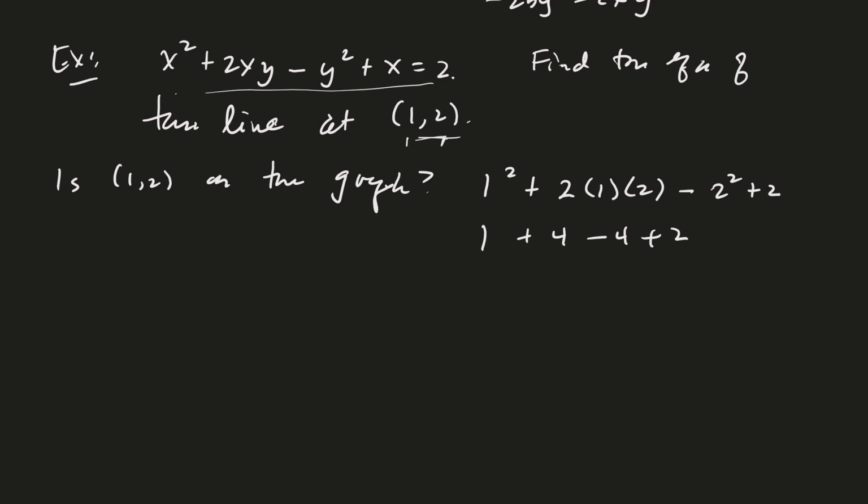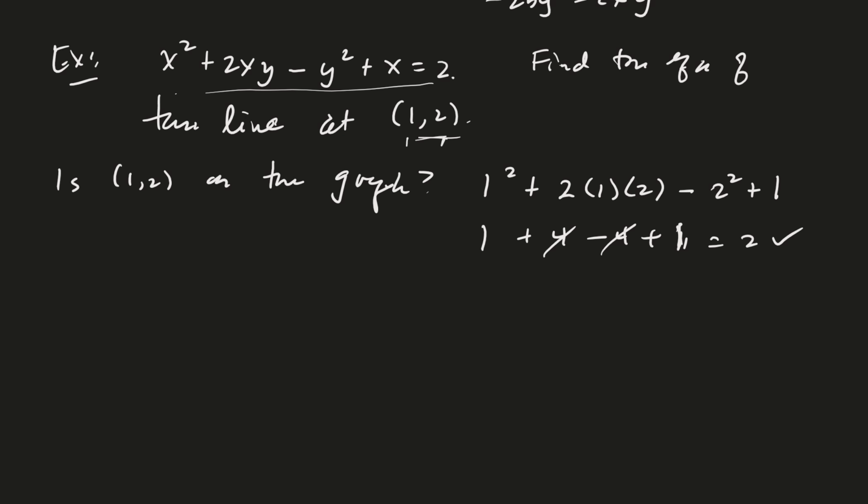Did you notice I'm pausing there because it's not working out correctly? That's because I put in a 2 for x instead of a 1. Okay, there we go. That would have tripped me up. Good. Now we get the right answer. That equals 2. Good.